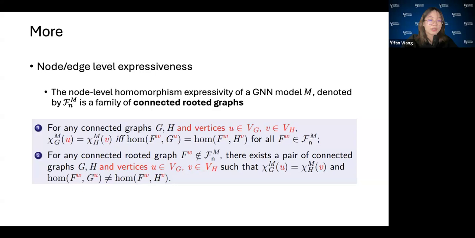And then for any connected rooted graph outside the set, there exists a pair of connected graphs G and H, and also vertices U and V, such that the representations are the same, but the homomorphism numbers are not the same.